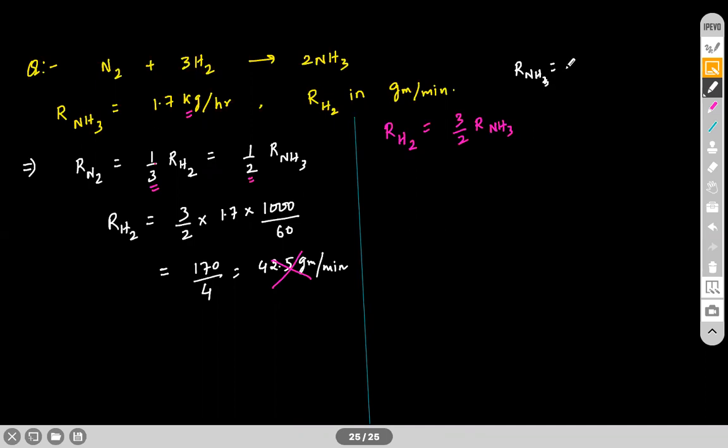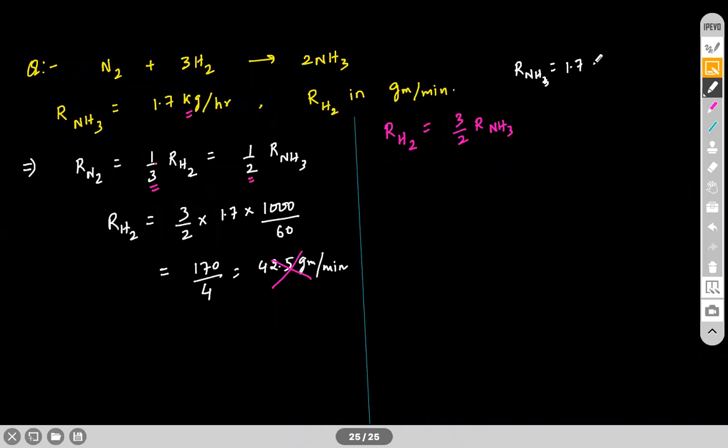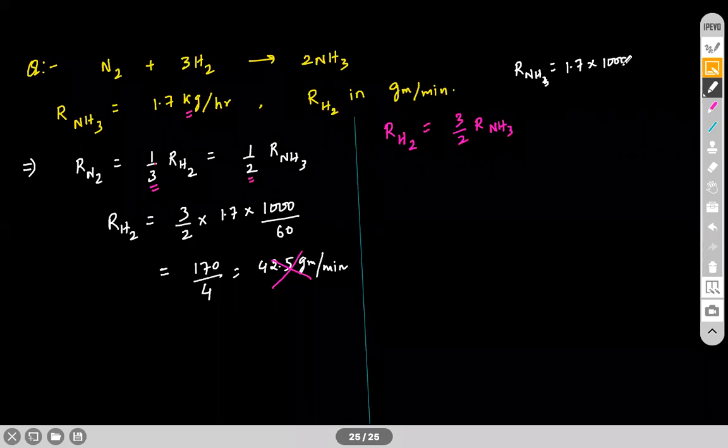So R of NH3 is 1.7 kilogram per hour, right? Kilogram we convert into gram first. So 1000 divided by 60 gives gram per minute. And the whole thing divided by the molecular mass of NH3, which is 17, becomes number of moles. 100 by 60 mole per minute.